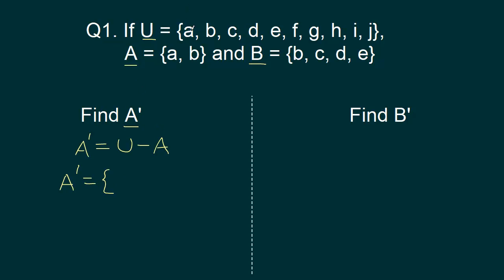We are going to write all elements of the universal set except the elements that are also present in A. Let's start with the elements one by one.